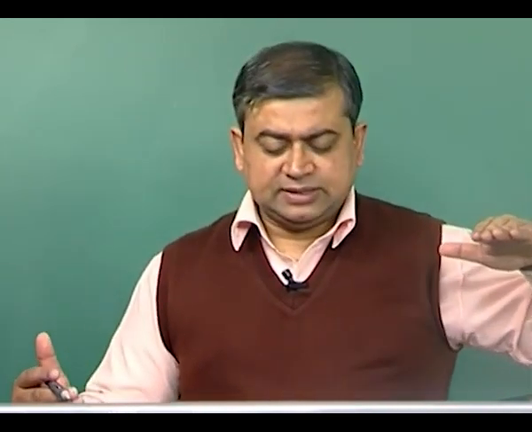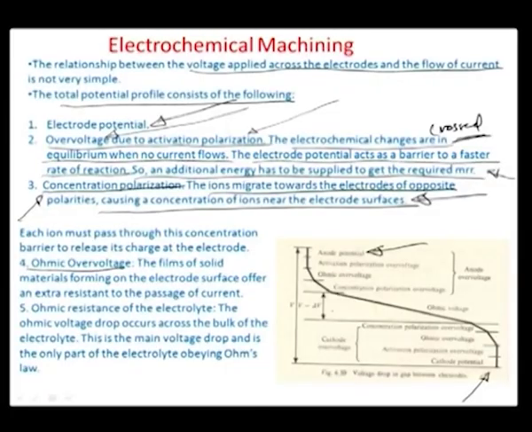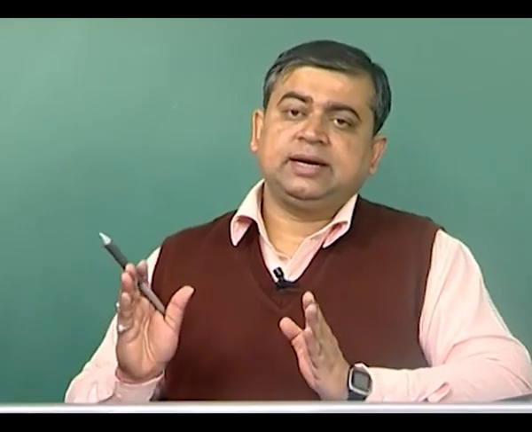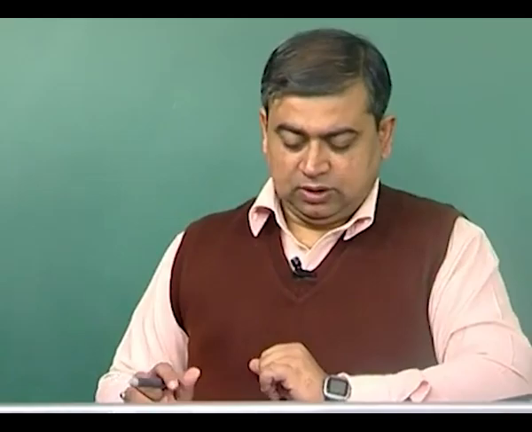Although the purpose of the whole machining operation is to immediately form precipitate from the debris generated by machining, 100% precipitation may not happen, and a small layer of solid film may develop, which would create an over voltage effect. So, that barrier has to be crossed, it has a resistive drop component, the potential drops down, and that extra potential has to be supplied onto the overall design voltage that you are giving to the flow cell, the electrochemical cell.